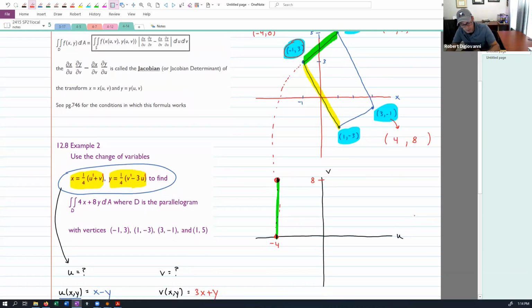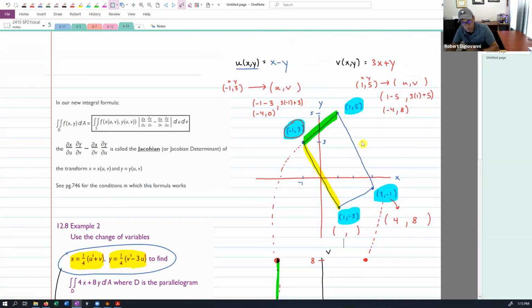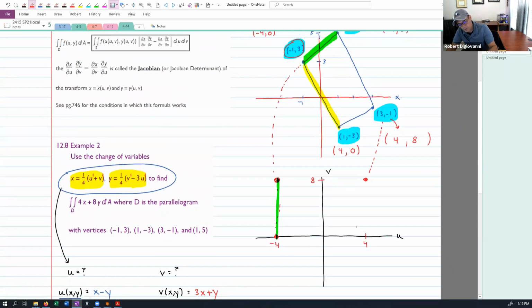Okay, so where's that over here? Well, here's 4, and 8's up here, so it gets taken there. That one I can do because it's right there. That one went there. And then finally, this one, under the transformation, this point goes to 4, and then I believe 0. So that goes here.